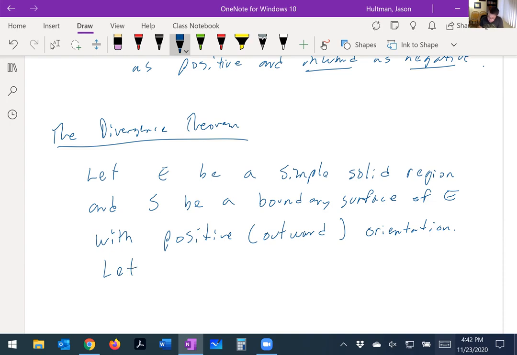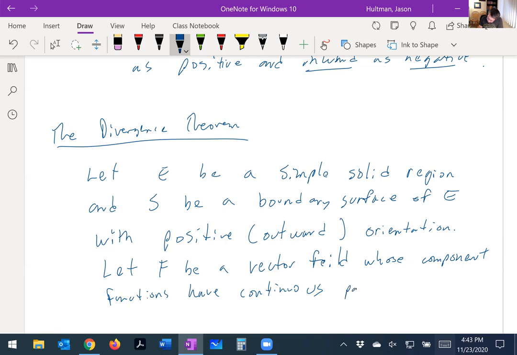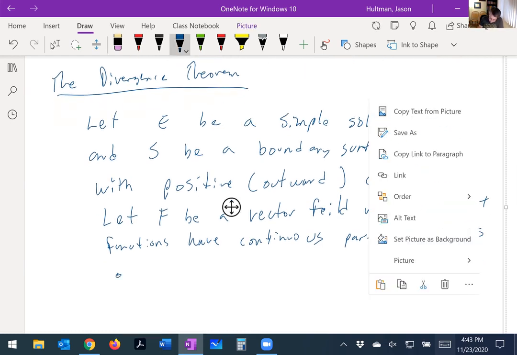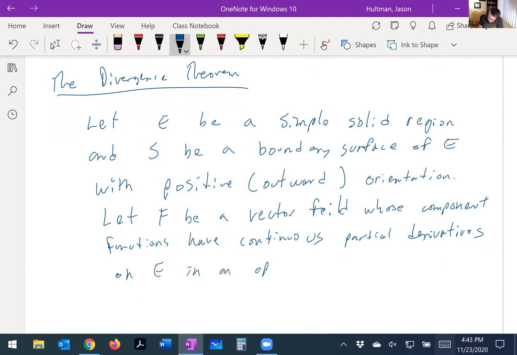Let F be a vector field whose component functions have continuous partial derivatives on E in an open region that contains E. Period.